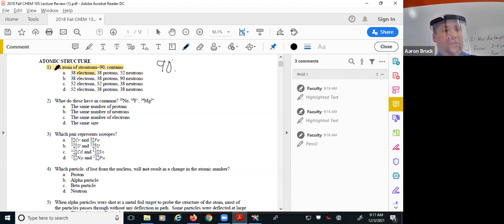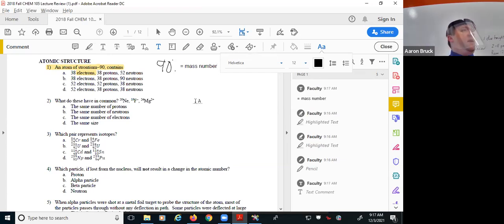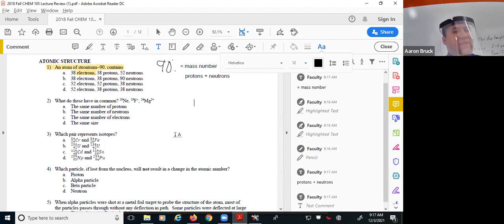Yeah, it's the mass number. Okay, what is the mass number? Protons and neutrons. Okay, and so this is different from atomic number, which would be just the proton count.